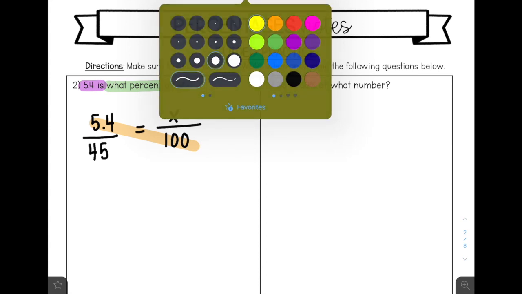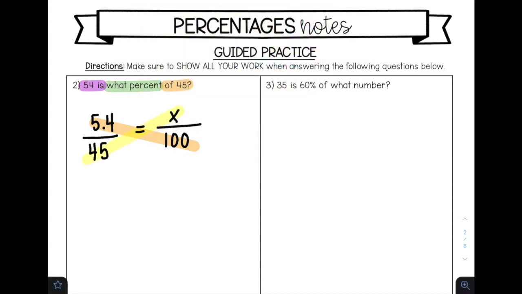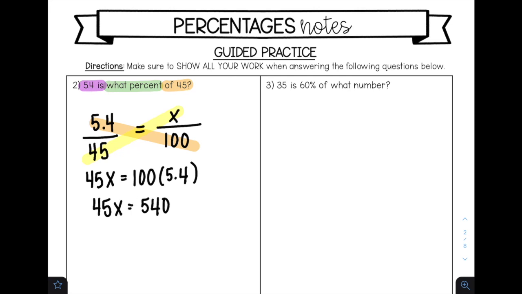So we have 45x equals 100 times 5.4, which would be 45x equals 540.